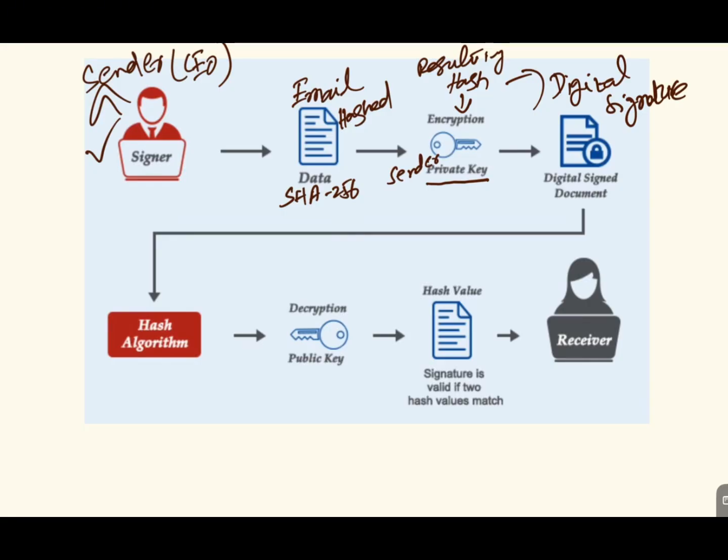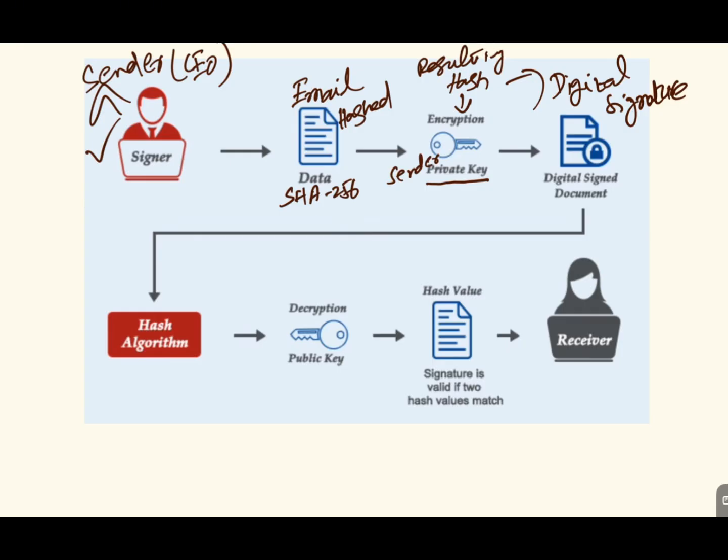So the encrypted hash is called the digital signature. Again, the content of the email is hashed using a secure hash algorithm. The resulting hash is encrypted with the sender's private key. So now the sender sends the original email content.